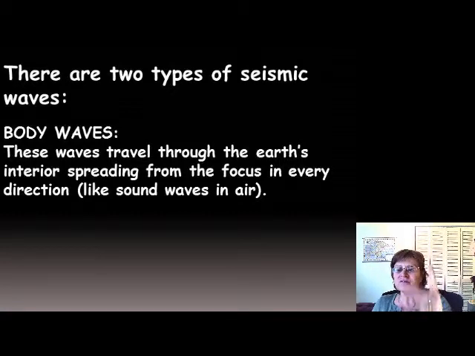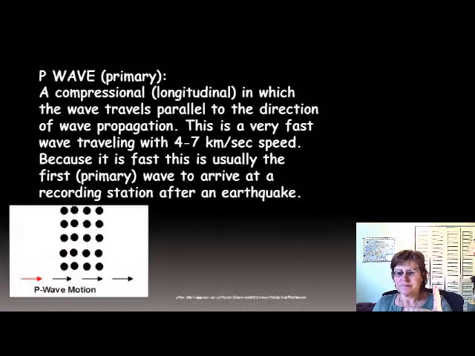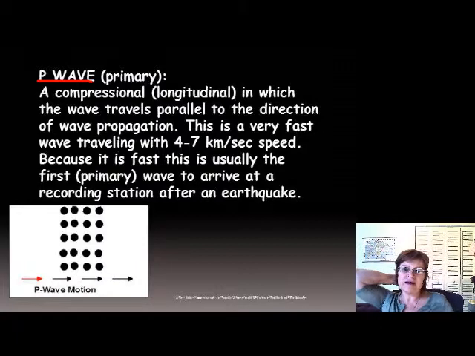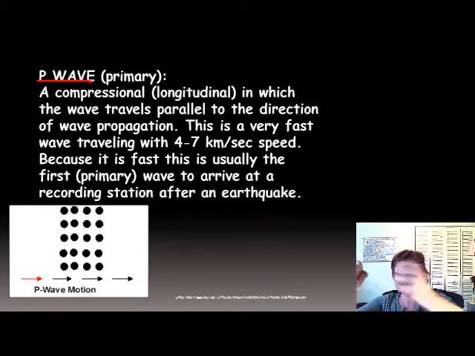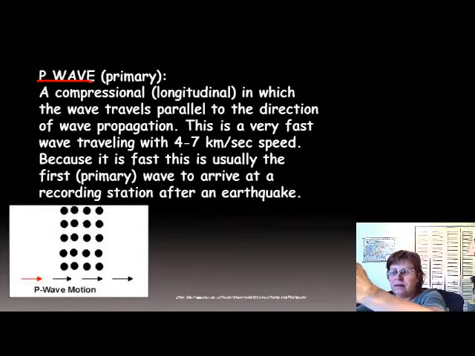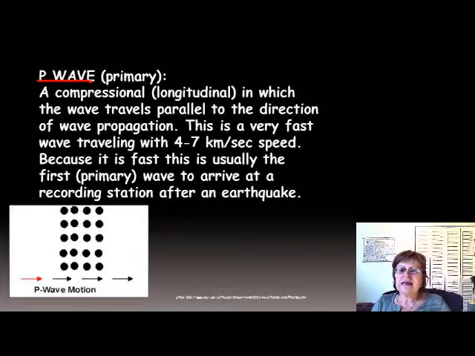We have two kinds of body waves. The first one is the so-called P wave. P stands for primary, so P or primary wave. This is a compressional wave. It will move like this. It's also called longitudinal, and in these waves, the wave will travel parallel to the direction of propagation.